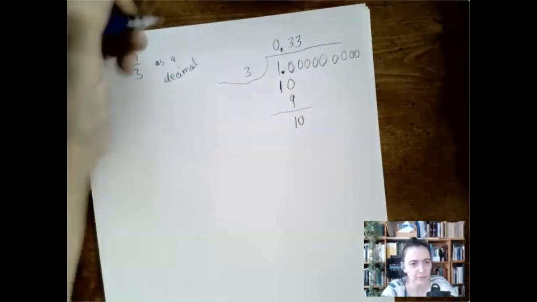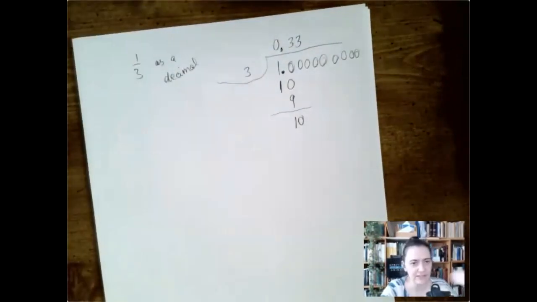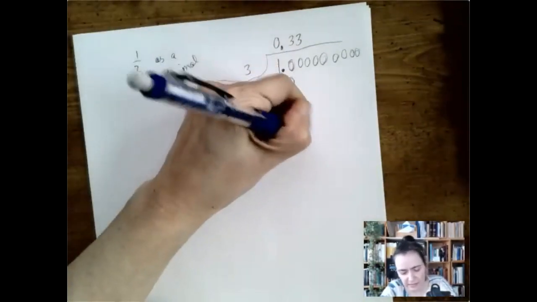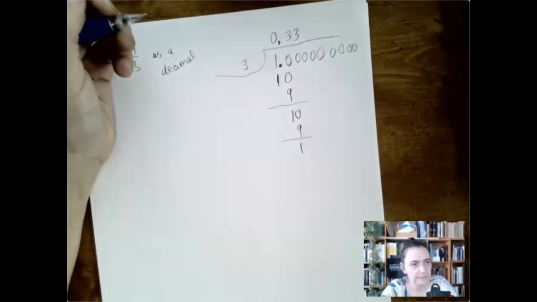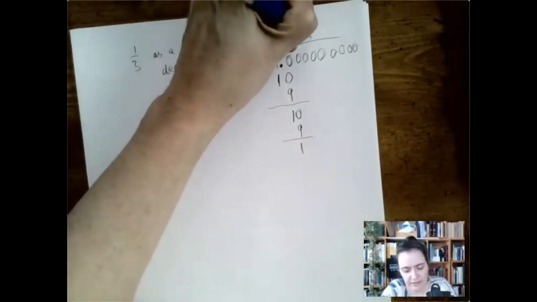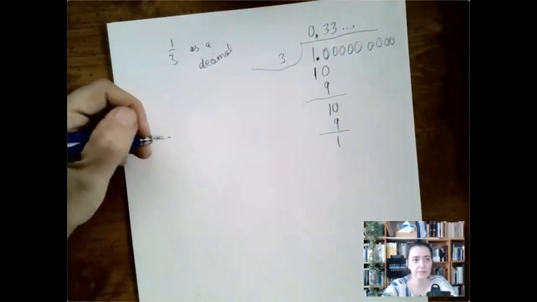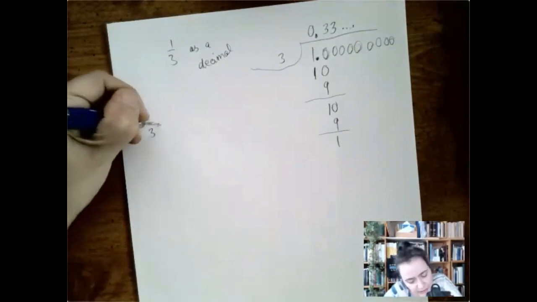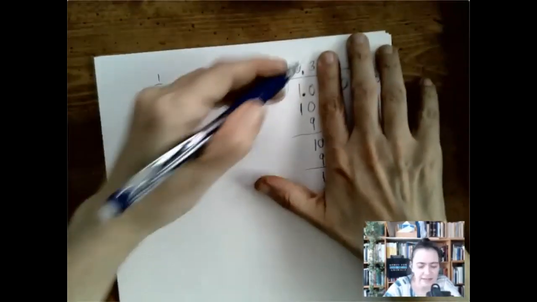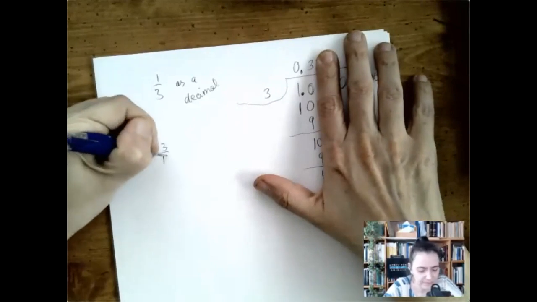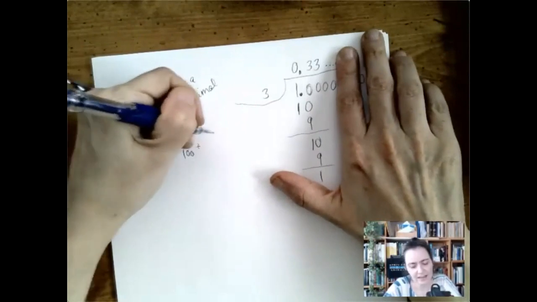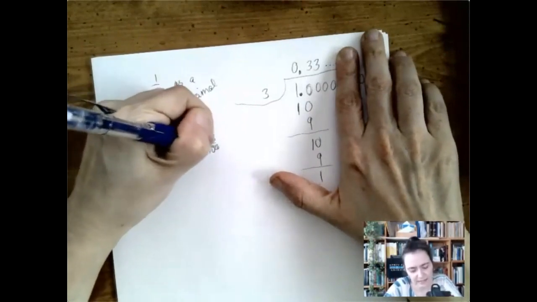It's very claustrophobic. We're kind of stuck forever in this endless loop. 3 times 3 is 9. Subtract from 10. And so on forever and ever. And that's kind of strange. Because what this says is that 1 over 3 is, this here is 3/10. And this here is 3 over 100. And this here is 3 over 1,000.